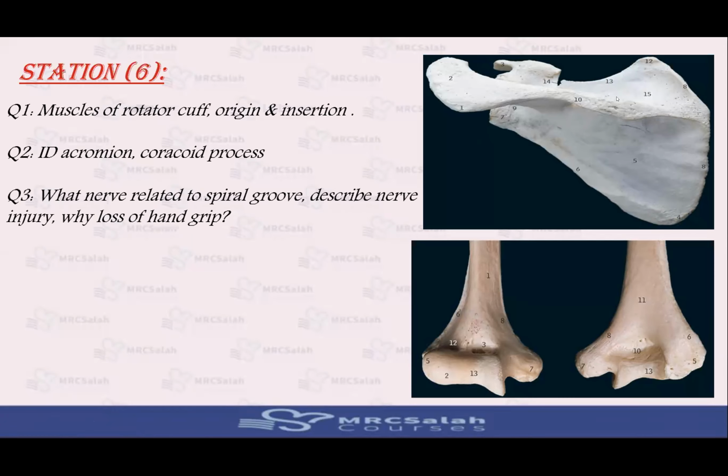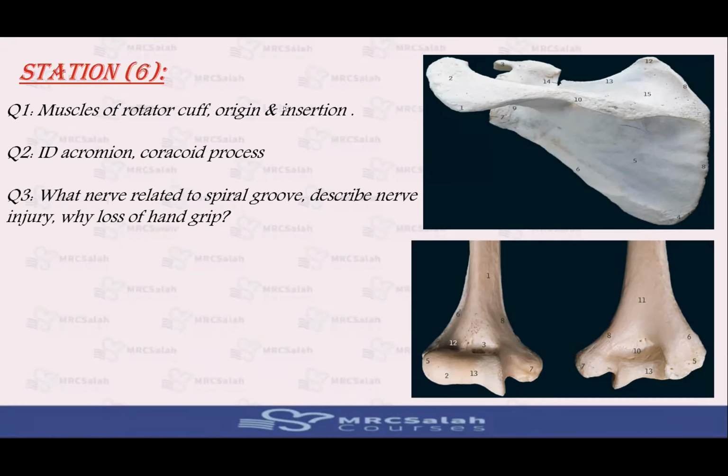Okay. Dr. Marwan, can you tell me the nerve related to the spiral groove and describe the nerve injury? Yes, the radial nerve, and if injured, there is wrist drop and finger drop, and loss of hand grip. Why will there be a loss in the hand grip?